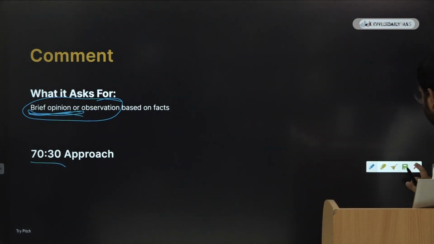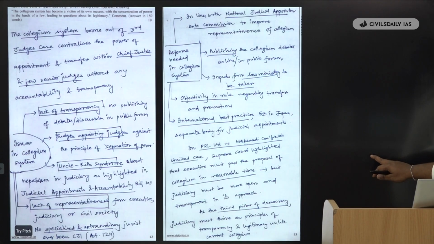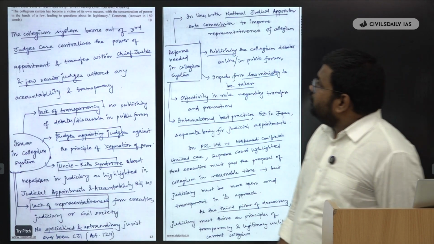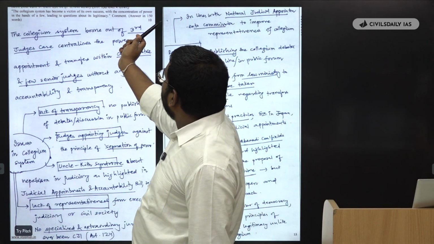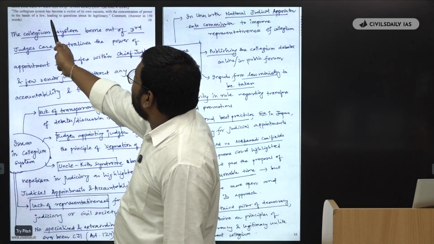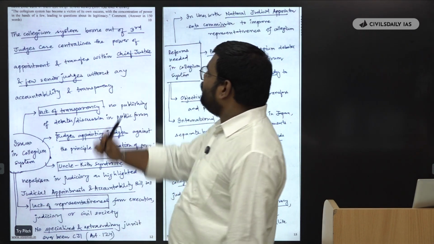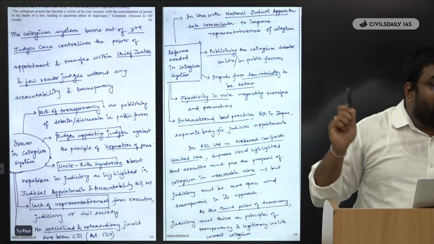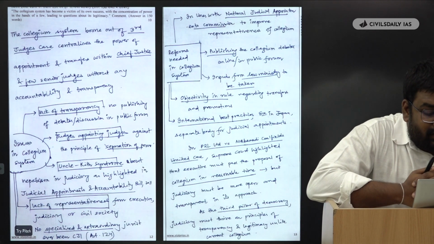Okay, so if you see the examples of it: thus, the collegium system has become a victim of its own success with concentration of power in the hands of few, leading to question about its legitimacy. Comment. So is it a bidirectional question or a unidirectional question?